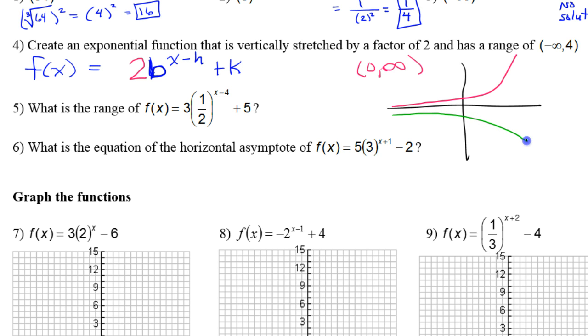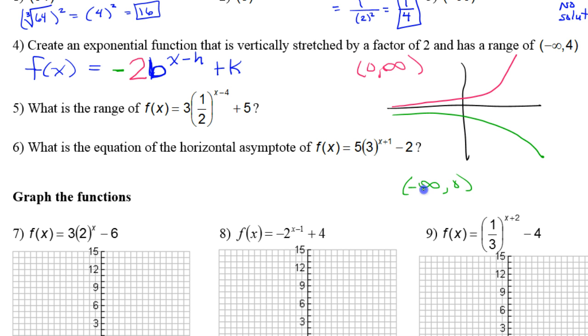If I had something like this, then this green would have a range of negative infinity to 0, the way it is right now. So the fact that there's a negative infinity in front of this range tells me that it has to be reflected over the x-axis. To do that, I need a negative in front. Now it's reflected over the x-axis.